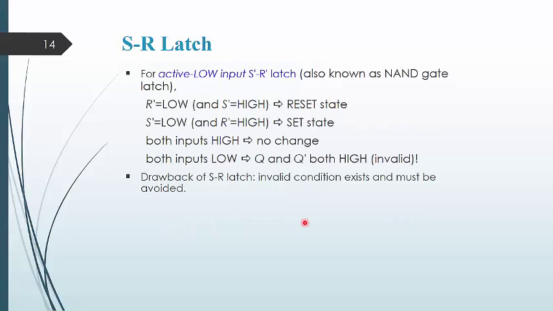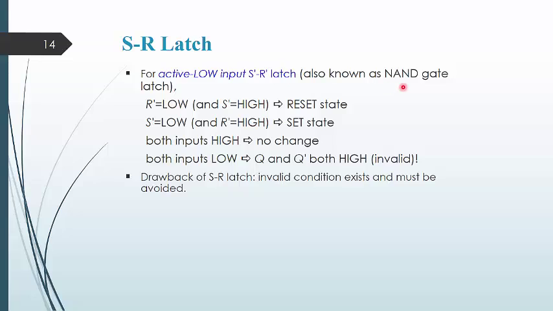then Q and Q dash are both low, or they are invalid. But if the latch is an active low latch, it will be indicated as the S dash R dash latch. This dash indicates that the operation is performed when the input level is low. Such active low input latches are implemented using NAND gates.